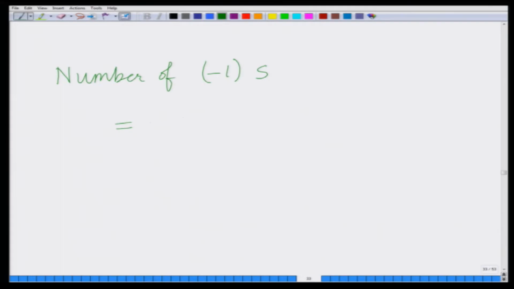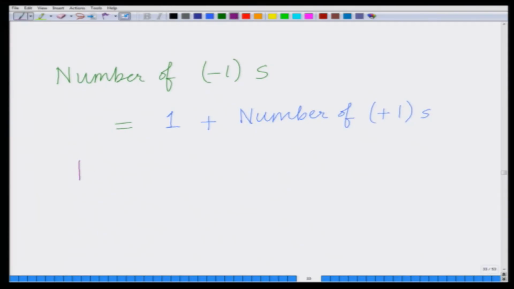So, what we observe is that the number of minus ones is basically 1 plus the number of plus ones. The number of minus ones is 8, which is 1 plus the number of plus ones, that is 1 plus 7.